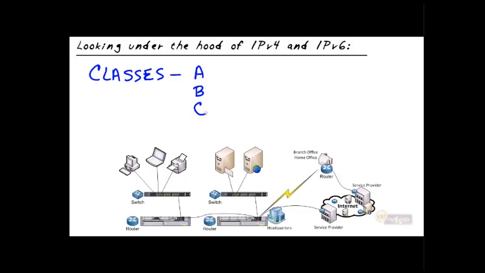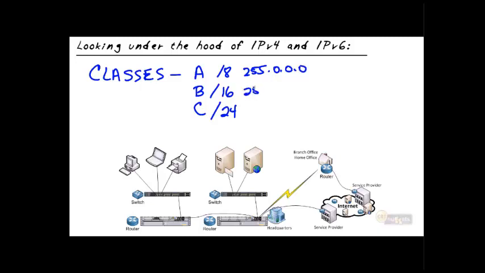It's because by default, a class A address is going to have a /8, which means the first 8 bits are the network and the 2nd, 3rd, and 4th octets are all available for host addressing. A class B address by default is going to have a /16, and a class C address is going to have a /24. So this would be 255.0.0.0.